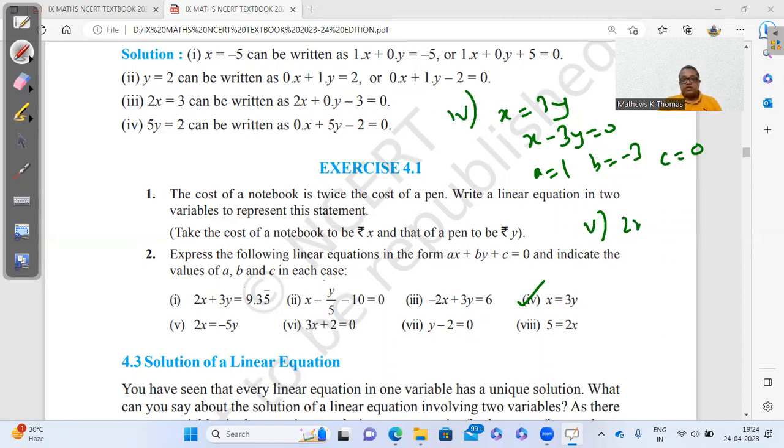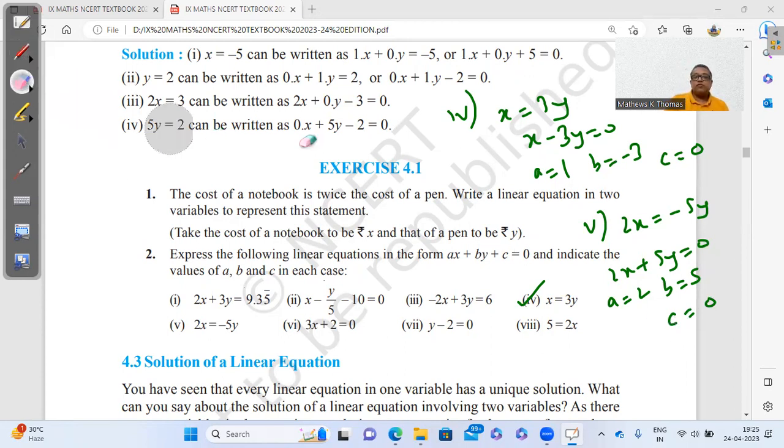Fifth part, 2x equal to minus 5y. So when I bring this on the left, I get 2x plus 5y is 0. I'm shifting this here. So a value is 2, b value is 5, positive 5, because when I brought it to the left, it became positive. And again, there is no constant value, c is 0.